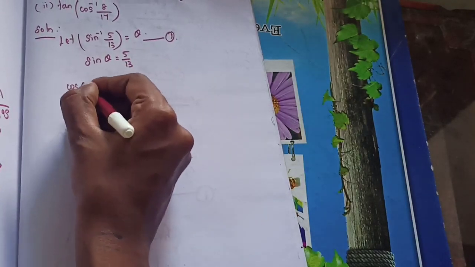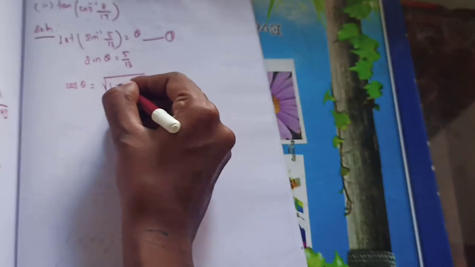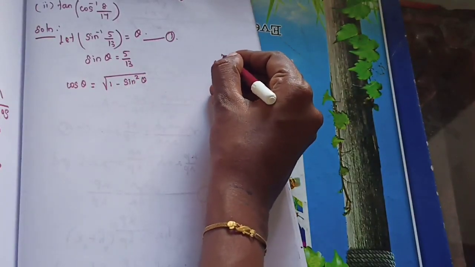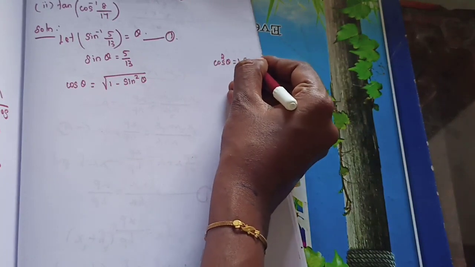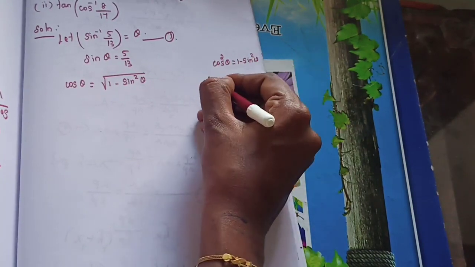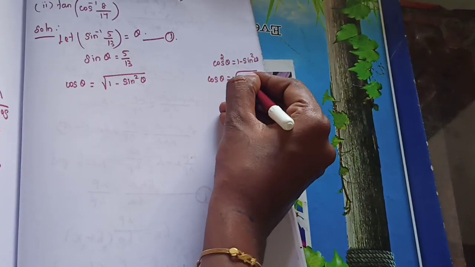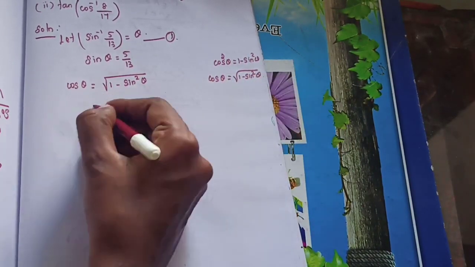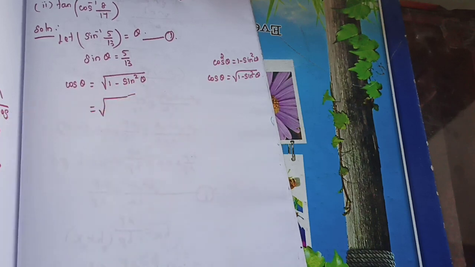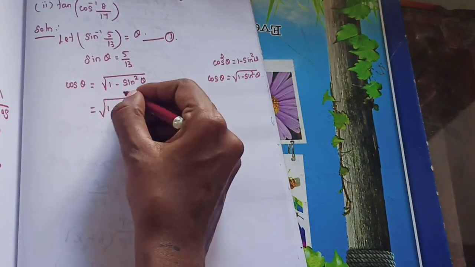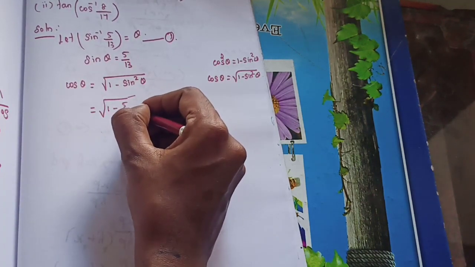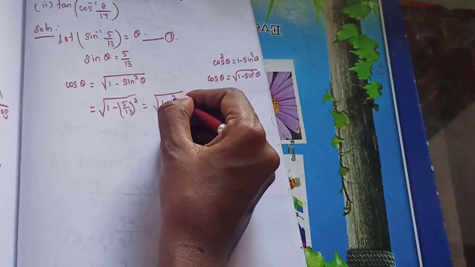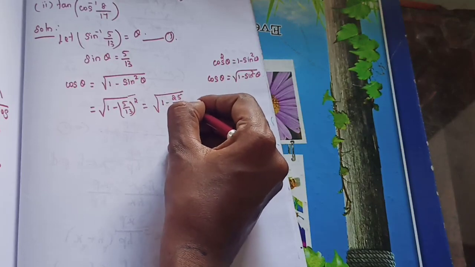So what's the formula for cos theta? How did you get this formula? Cos square theta equal to 1 minus sine square theta. From this, cos theta equals the square root of 1 minus sine square theta, that is the square root of 1 minus 5 by 13 the whole square, equal to square root of 1 minus 25 by 169.